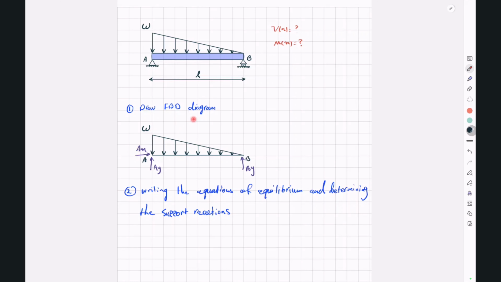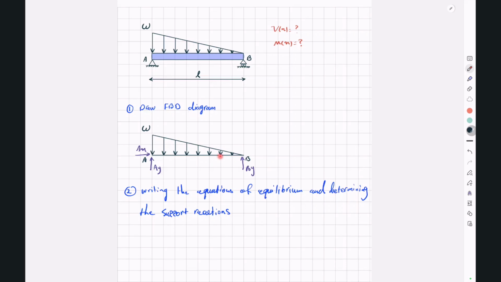now we know in order to simplify this free body diagram, we can substitute our distributed load with a single resultant point load. The magnitude of our resultant point load will be the area under our distributed load. So we have a triangle, and the area under the triangle would be W multiplied by the length divided by 2. And we know that the resultant force will be applied at the centroid of our load.